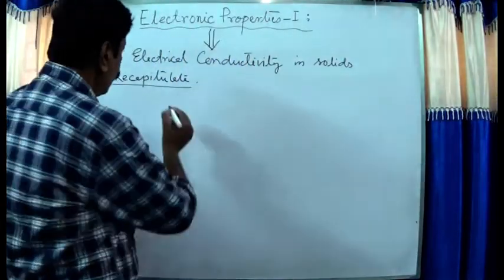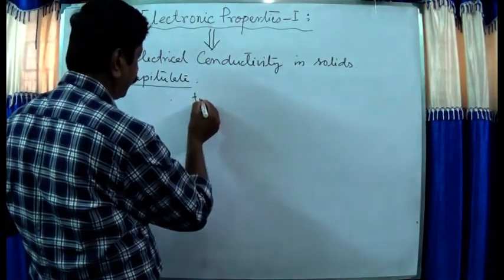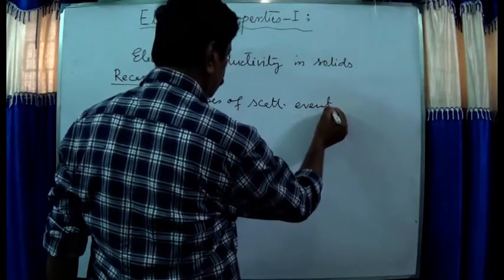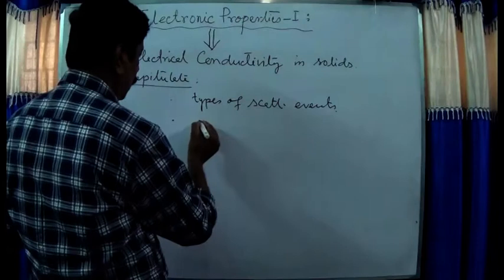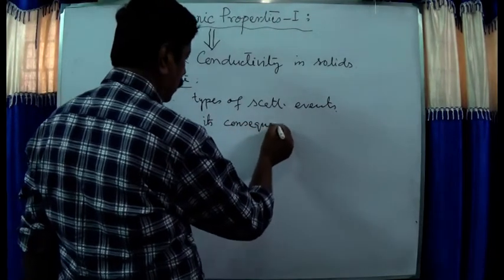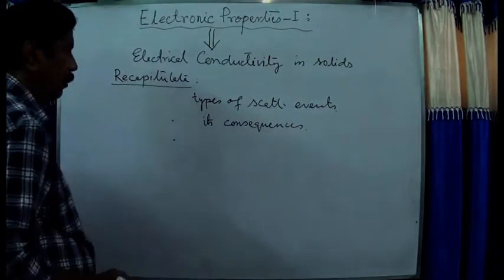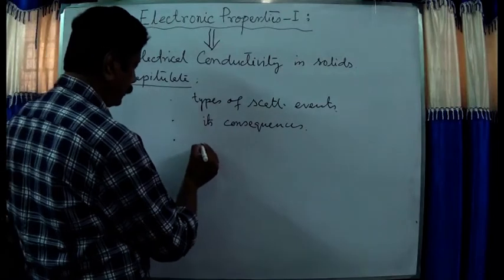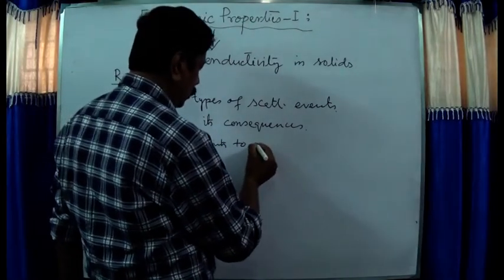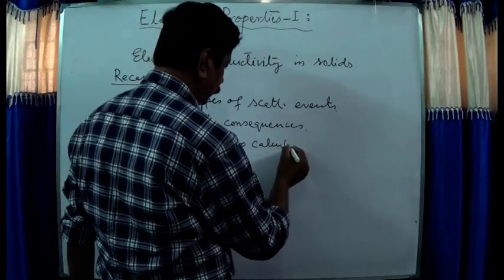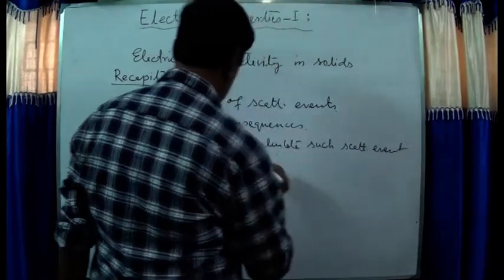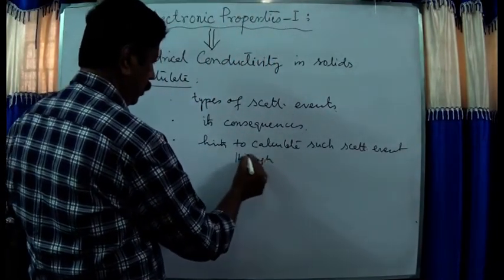So we have talked about the types of scattering event, its consequences, and we have given a hint to calculate such scattering event through perturbation theory.